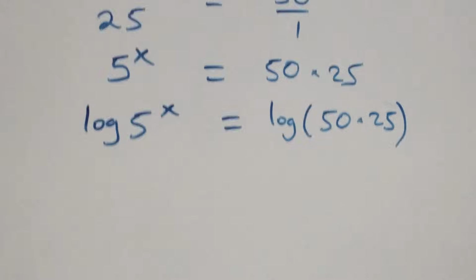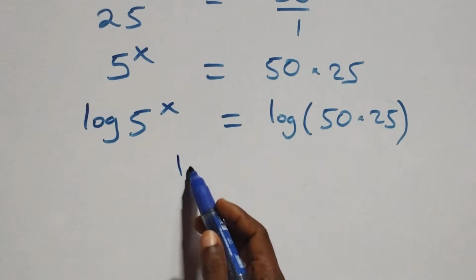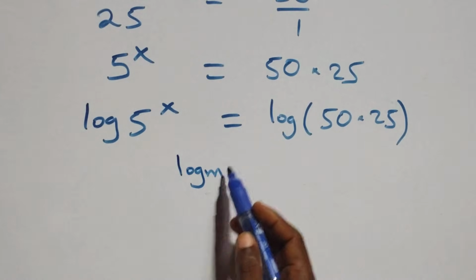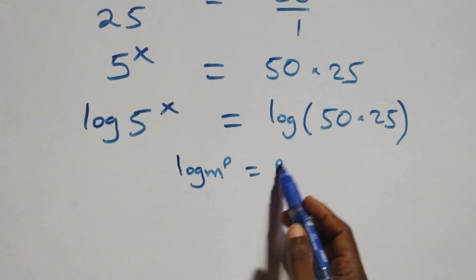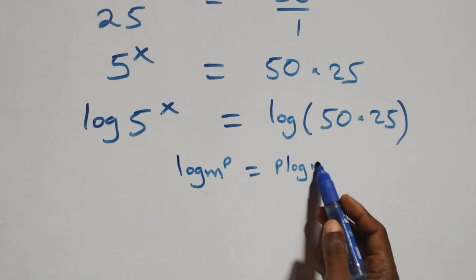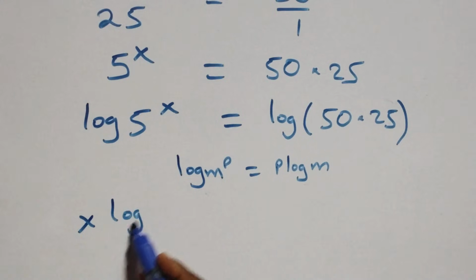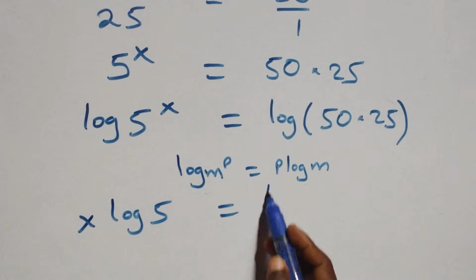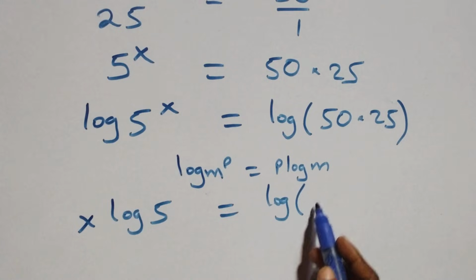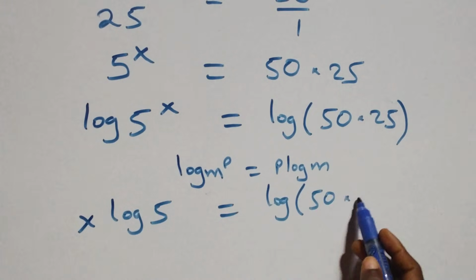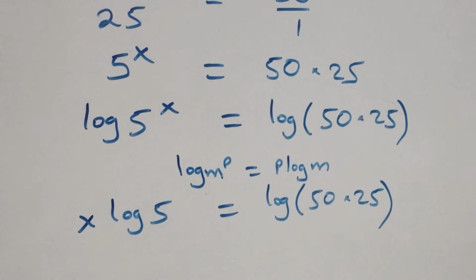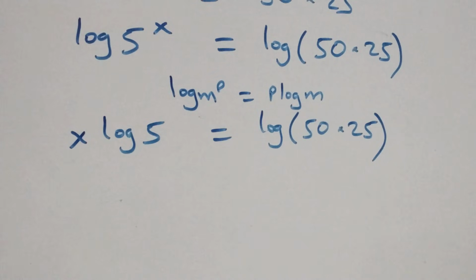Then from here, we apply the power law of logarithm. When we have log m raised to power p, this is the same thing as p log m. As this here, we have x log 5 equals log 50 times 25. Then here we divide both sides by log 5.